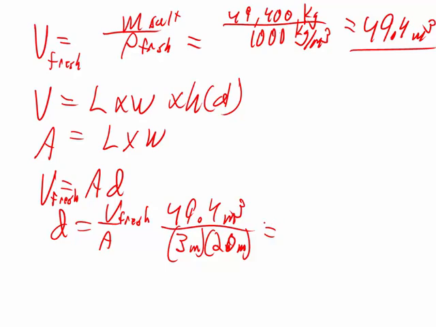And so what do we get? So we've got 49.4 divided by 60, and we get 0.82 meters high above the water, or down in the water, excuse me, not above, but down in the water. So notice it sinks a little bit more down into the water, doesn't it?